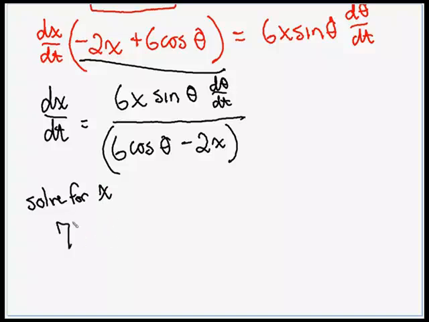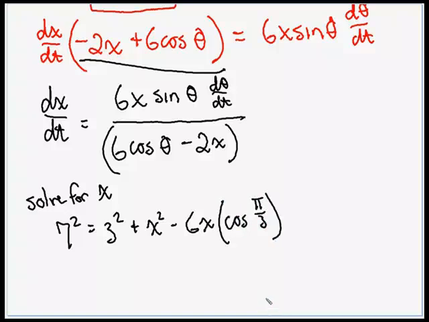So that equation was 7 squared equals 3 squared plus x squared minus 6x times the cosine of theta. And now it's going to be the cosine of pi over 3. If we remember our unit circle, the cosine of pi over 3 is 1/2. So that'll be 6x times 1/2.